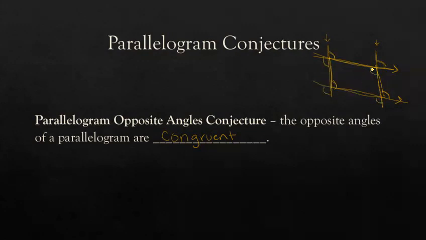And so now when you look at it, you can see that these would be congruent. Also means that these other ones, these little ones, would be congruent as well.